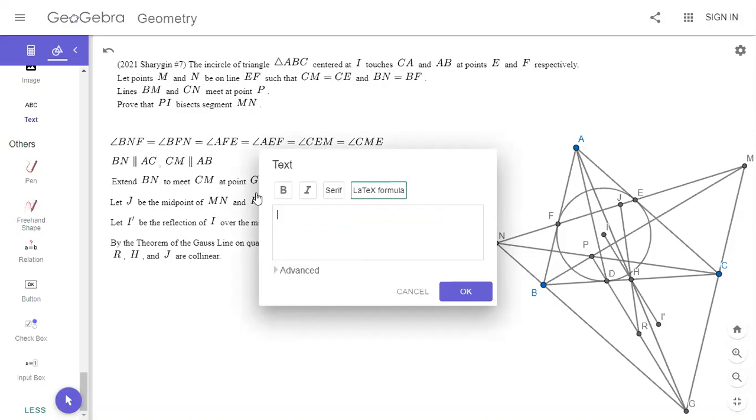Or actually first I'll say this, by symmetry, I prime is the incenter of triangle GBC, since I is the center of triangle ABC.